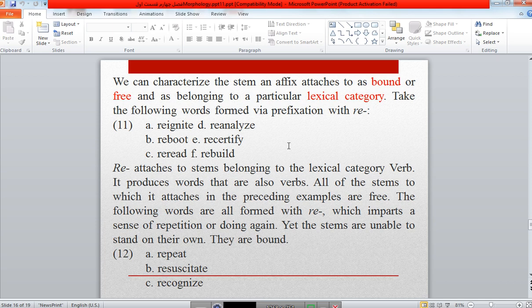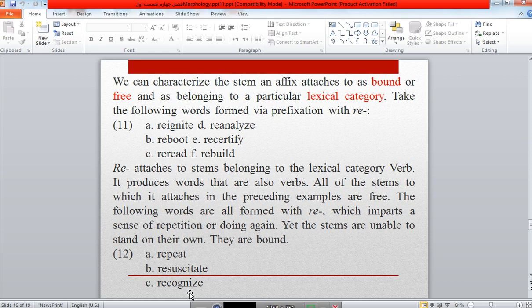The same cannot be said for all stems that seem to bear the prefix re based on their meaning. The following words are all formed with re, which imparts a sense of repetition or doing again. Yet the stems are unable to stand on their own. They are bound. You see here, repeat, resuscitate, and recognize.